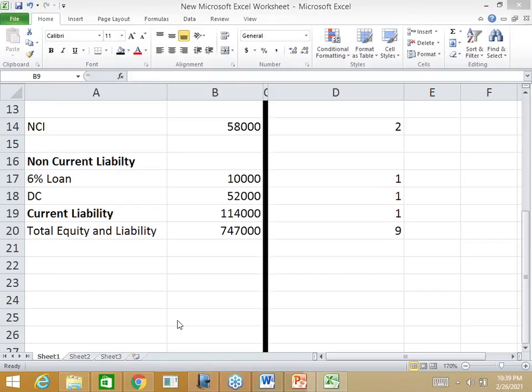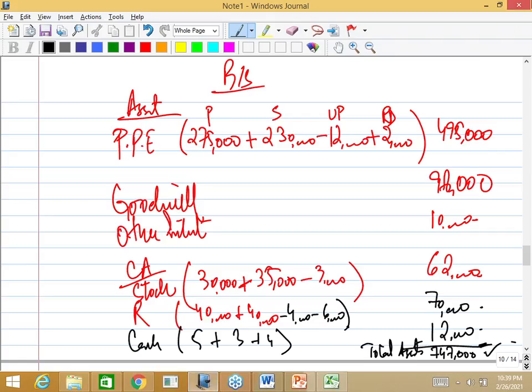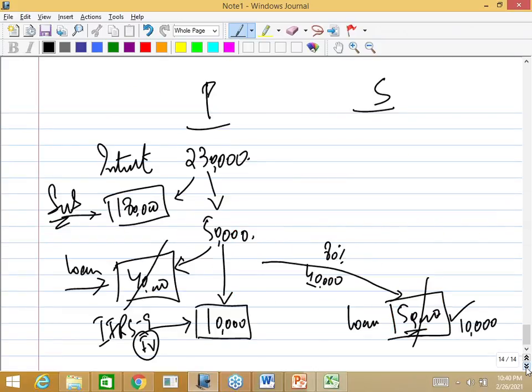The second question is Laurel. I'm just writing the names of the questions here. One is Dargent, the balance sheet. For the income statement it is Laurel.